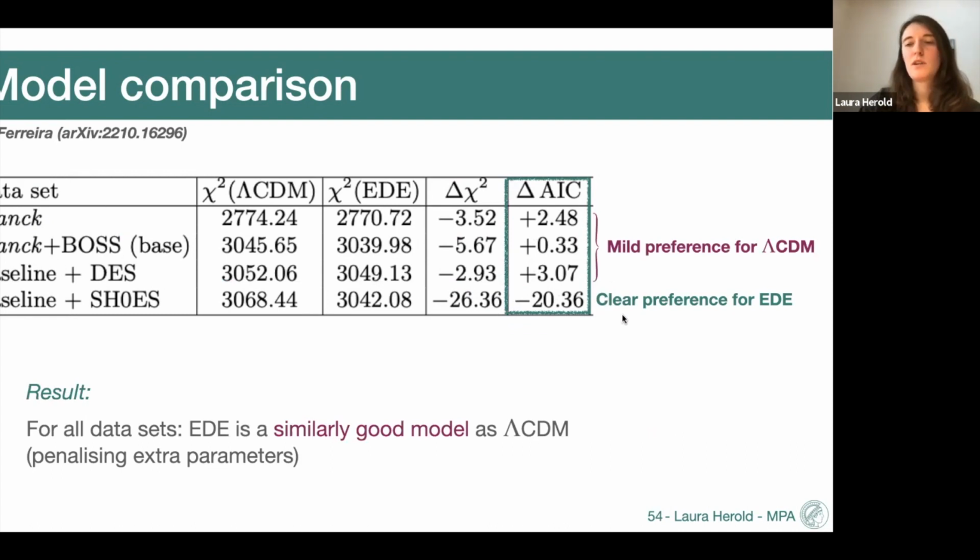And we find a clear preference for the dataset with SH0ES, which is kind of expected, because all of these datasets here don't include the Hubble tension, of course, so only the one with the Hubble tension gives a clear preference. But the fit, even when penalizing the additional parameters of the EDE model, is similarly good as lambda CDM. So EDE also presents a fairly good model to those datasets.